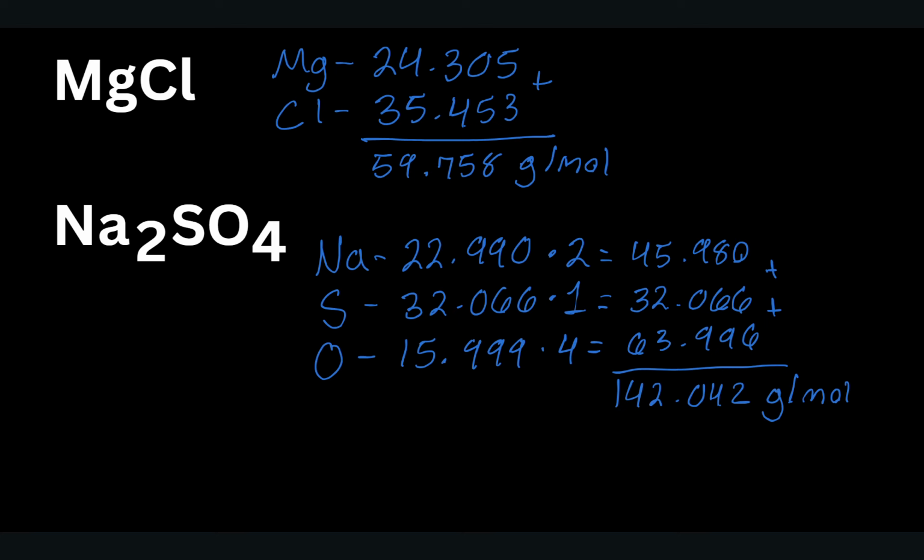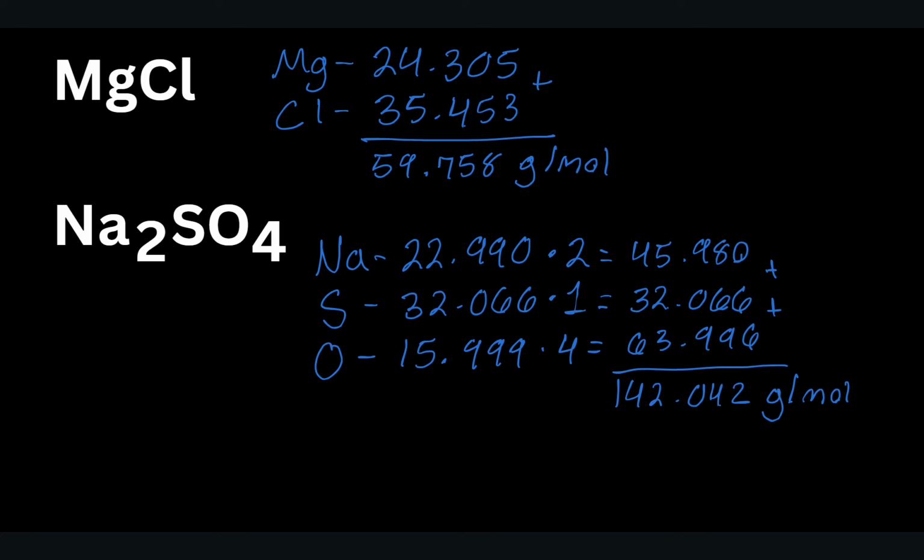Now, I'm going to take this moment to also show a different way that we're able to set up the molar mass. Our units are grams per mole, but a more useful way to look at it, especially for this topic that we're about to get into, is setting this up as a proportion.